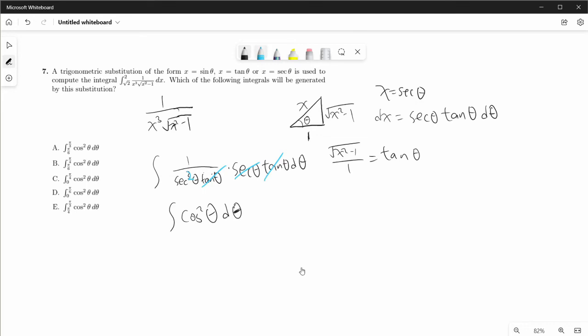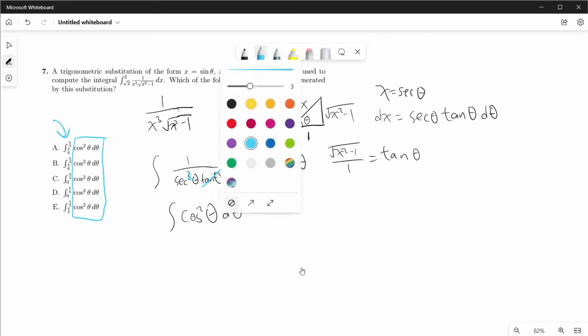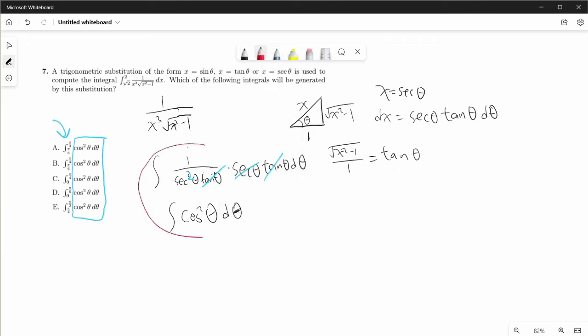Now, if you notice in the answer, all the options are actually cosine squared theta. So actually, we didn't need to find this part. If you actually look at the answer first, you will realize that we don't actually need to solve the integral. This question is more about just solving the limit of integration, which we don't need to do, like this whole part, right?